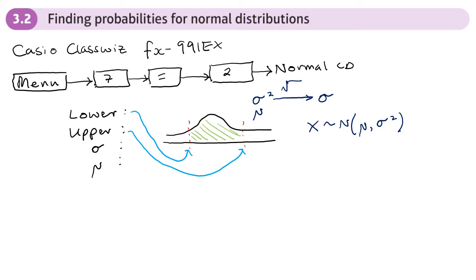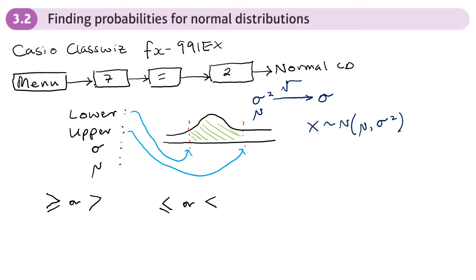Because with a continuous distribution, if you have this symbol or this symbol, you do exactly the same thing. If you have this symbol or this symbol, you do exactly the same thing. That's not the same with binomial.